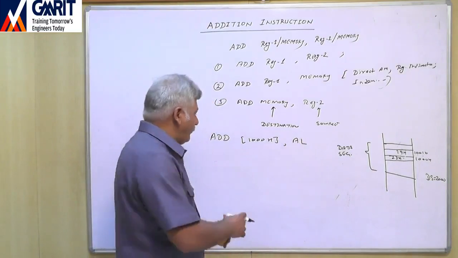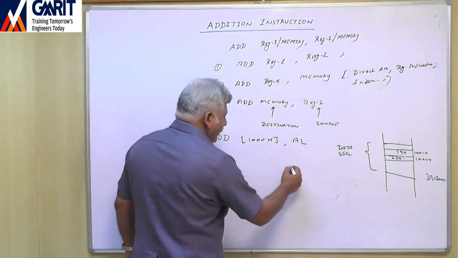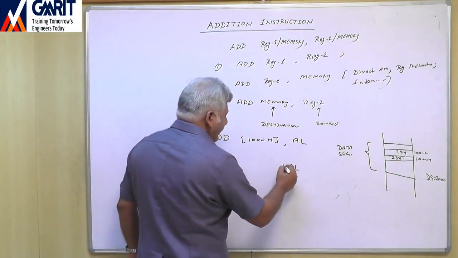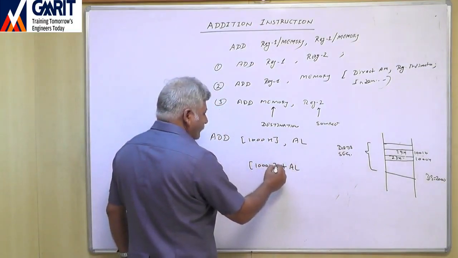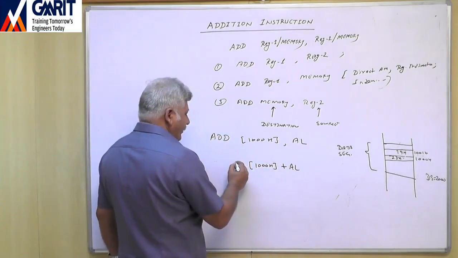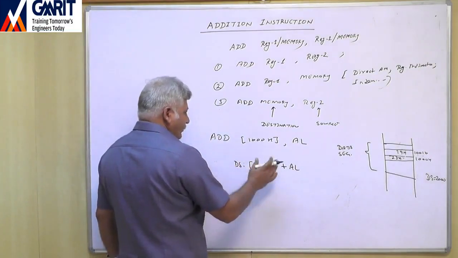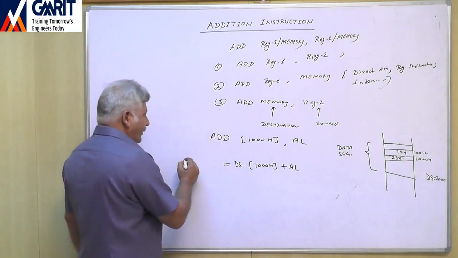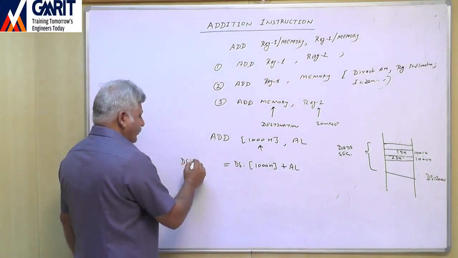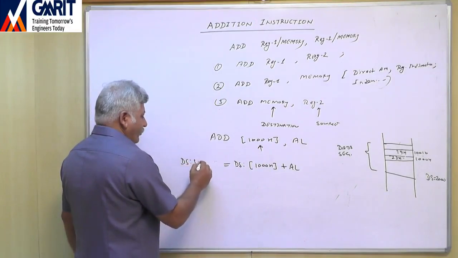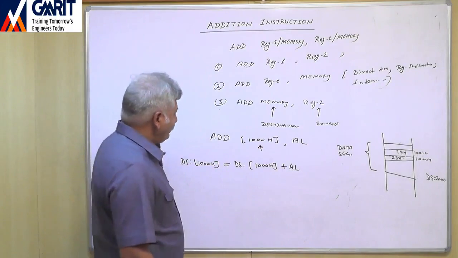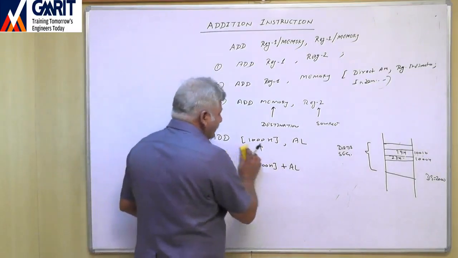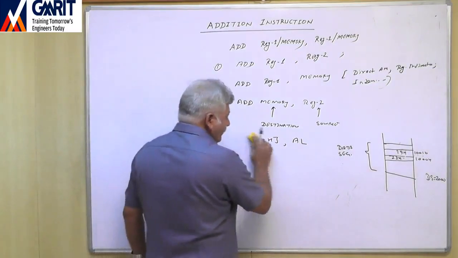So the value of AL will be added with the memory whose offset address is 1000H in the data segment, right? So this addition will take place, and finally the result will be stored in the destination, that is DS colon 1000H. Here the result will be stored. So these are three forms of the ADD instruction.